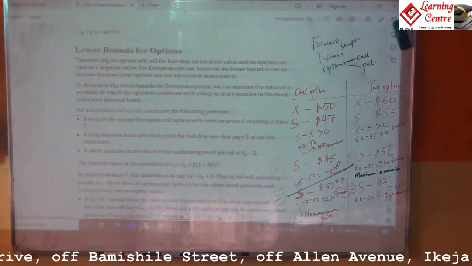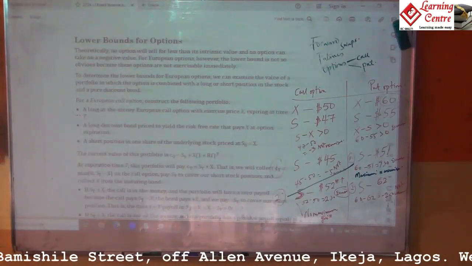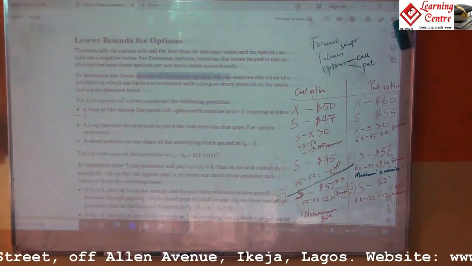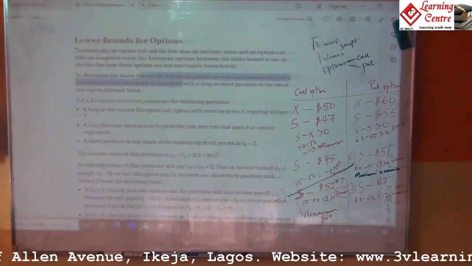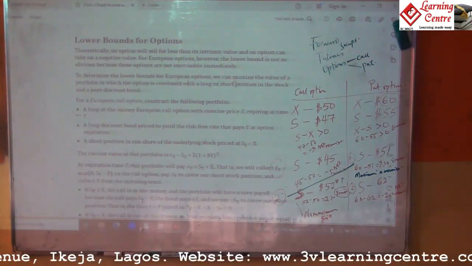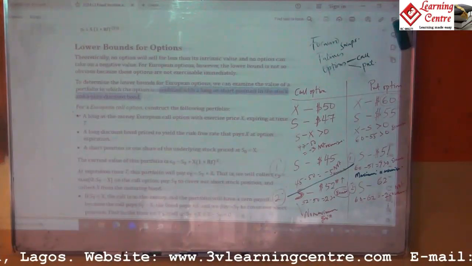You want to determine the lower bound for an option, so you examine the value of the portfolio and combine the option with a long or short position in the stock and a pure discount bond.